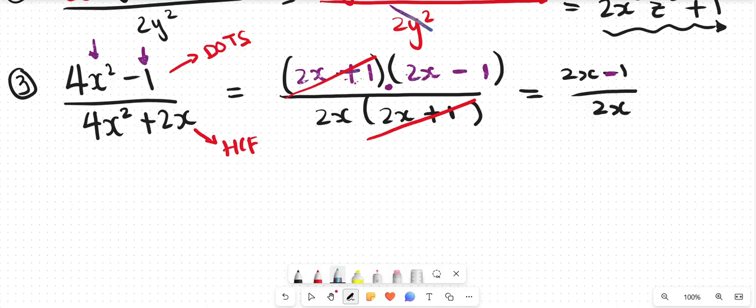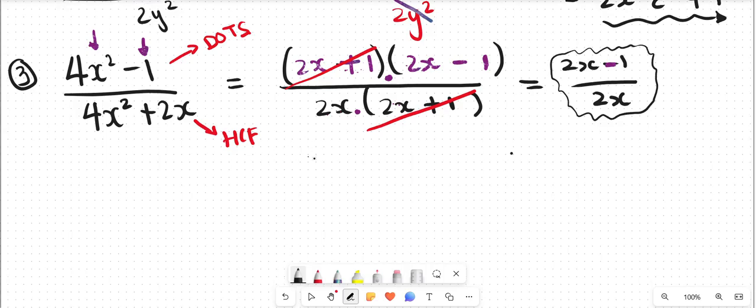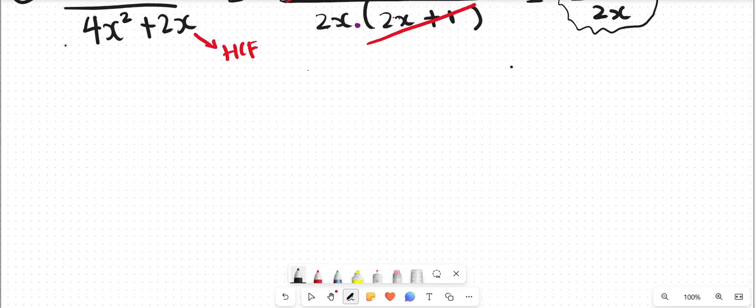These brackets were multiplying, and the 2x and the bracket were multiplying at the bottom, and because of that multiplication, I can cancel. But you cannot cancel if there's addition and subtraction. I hope that makes sense, and so this would be my final answer. All right, let's go into number 4.